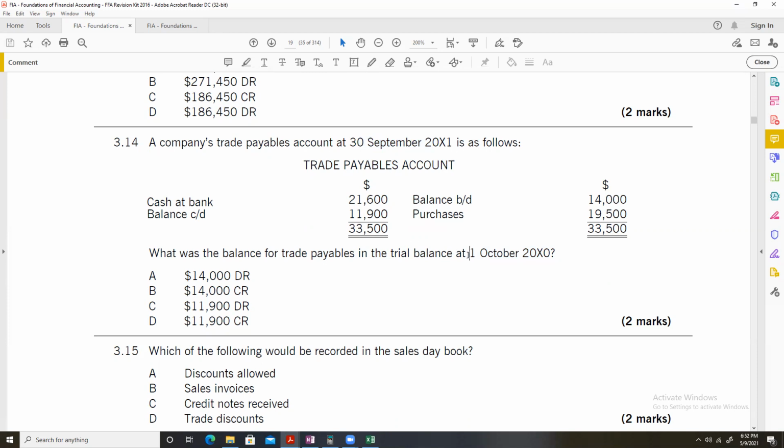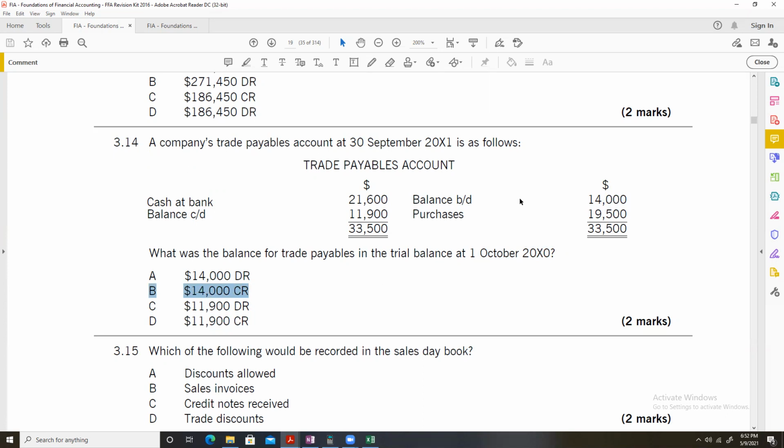The opening balance comes before the closing balance, and 30th September 2001 is the closing balance. On 1st October 2000 the opening balance is 14,000. So the answer is 14,000 credit.